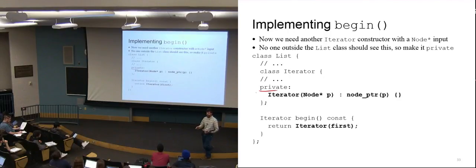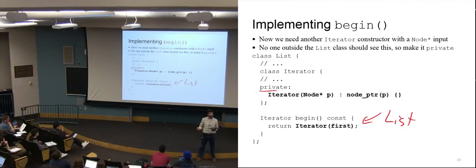Okay. Is the outside world going to use iterators? Yeah, the whole point is for other programmers to be able to walk through the list. So should the other programmers be able to use a bunch of public functions? Yes. Should other programmers know about nodes? No. So that's why this is private. But wait a second, if it's private, then how is the list going to use it?